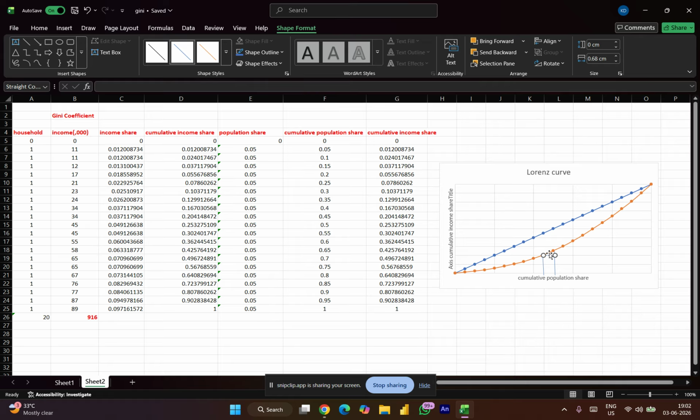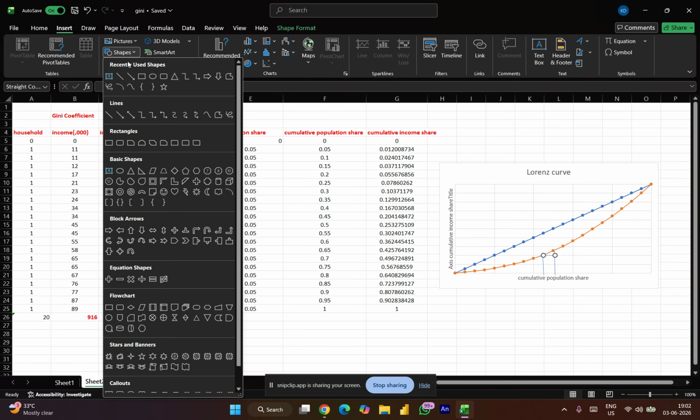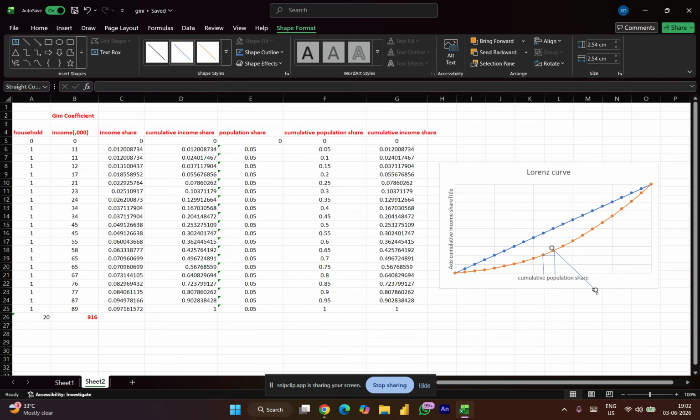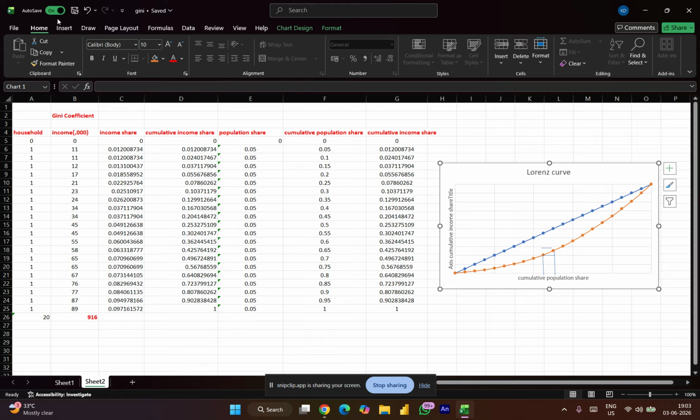Similarly, if we take the upper value, it will look like this shape.